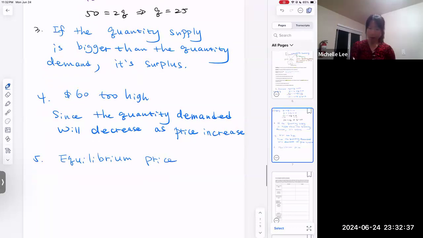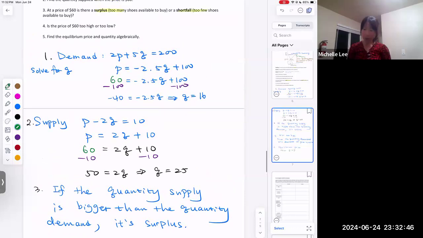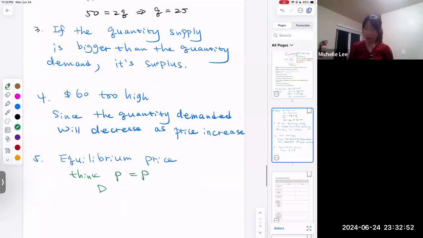So think P equal to P, right? So we can use this one. So P equal to P means demand price equals supply price, right?